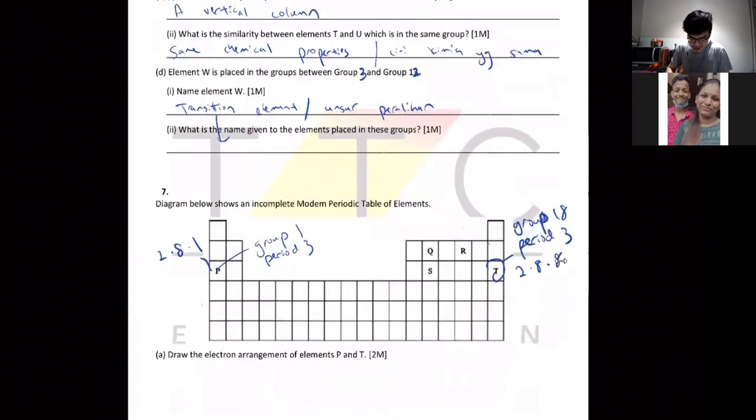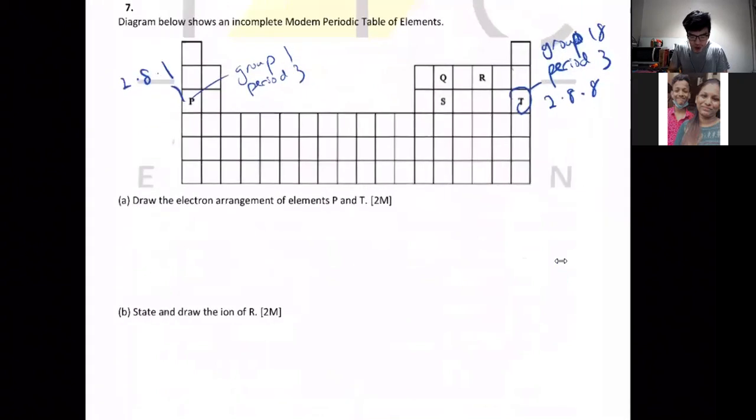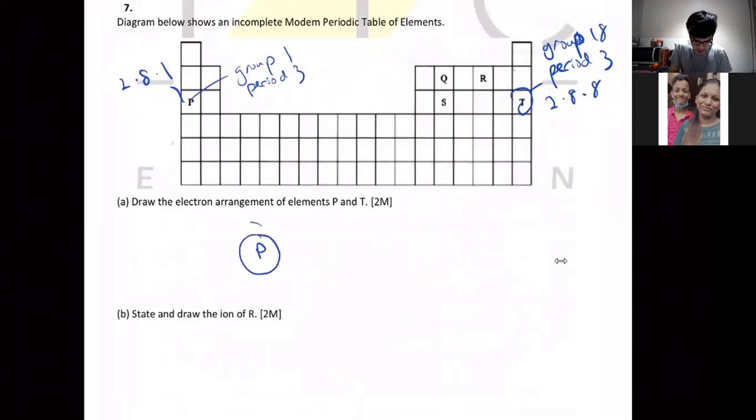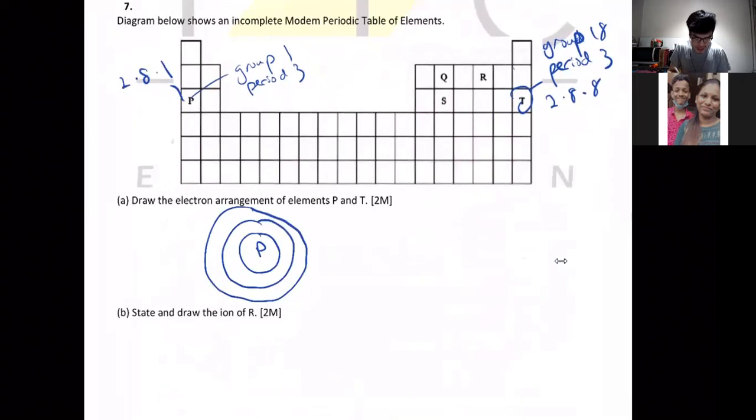Okay, simple. Now they don't want this. They want you to draw. So draw. This is P. My drawing sucks. You draw it nicer yourself. In the exam, if you want to use a coin to make this nicer, sure, why not?